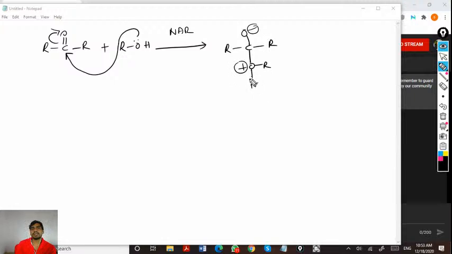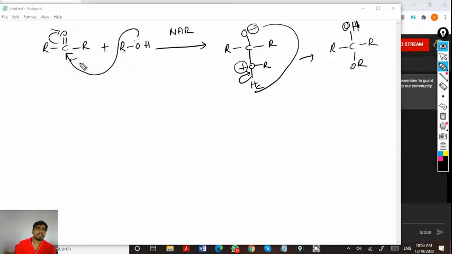This becomes plus. So H plus will be released, which will be abstracted by this. So OH, OR. Okay. So this is called, as it started from the ketone, hemiketal. So ketone is the starting point for the alcohol addition.